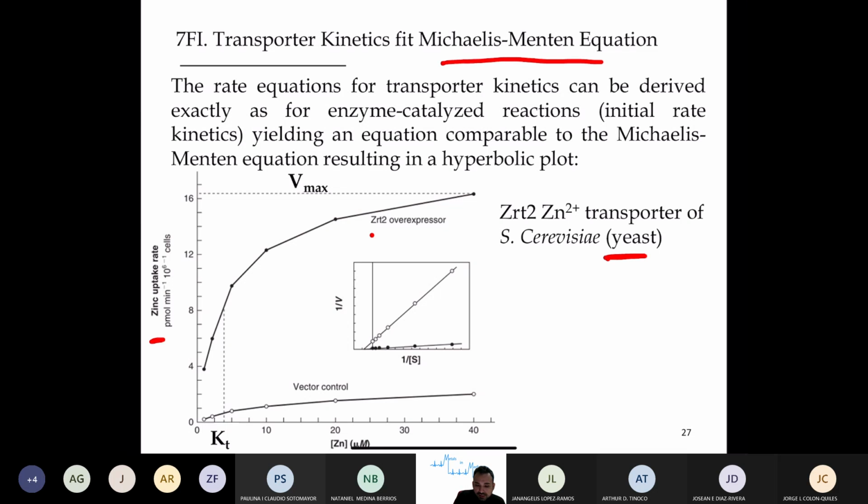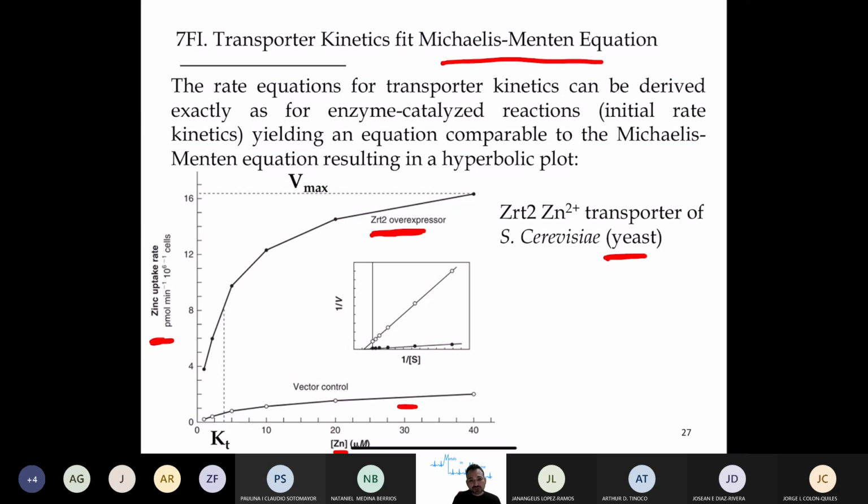We have an overexpression of that transporter, and one in which we don't have it overexpressed. So you have more of the transporter versus the concentration of the zinc.